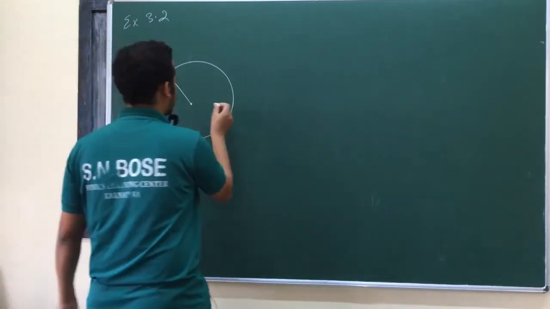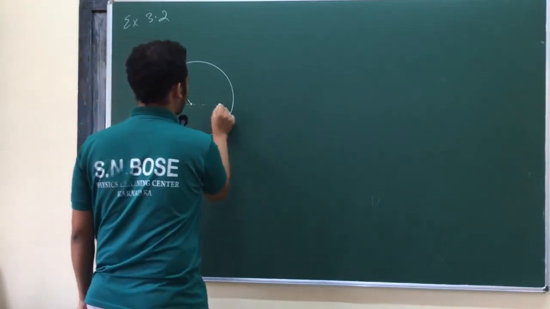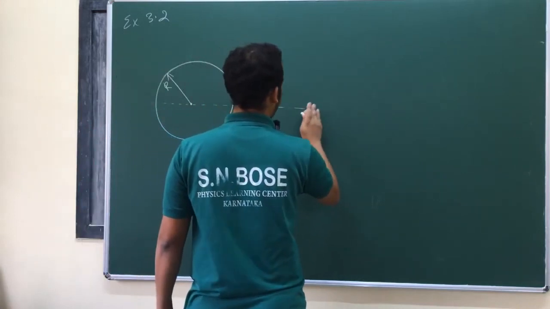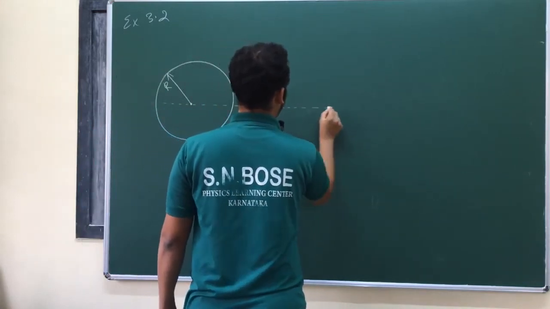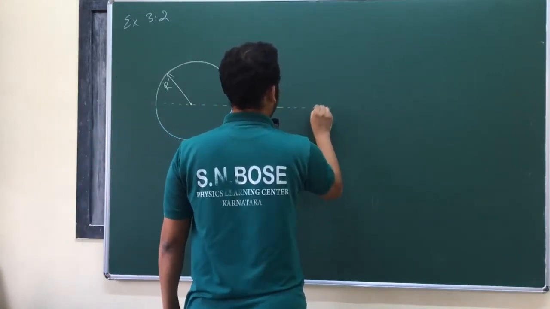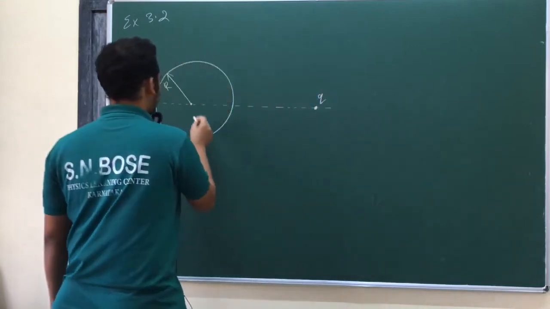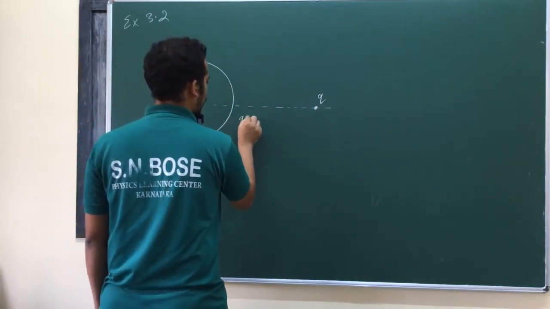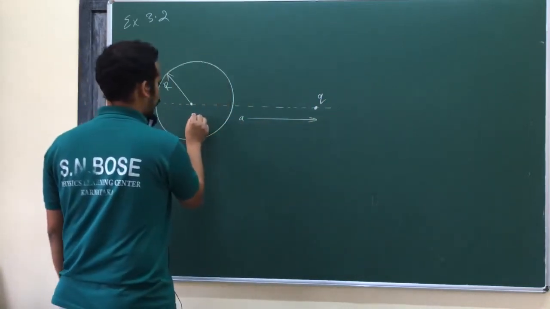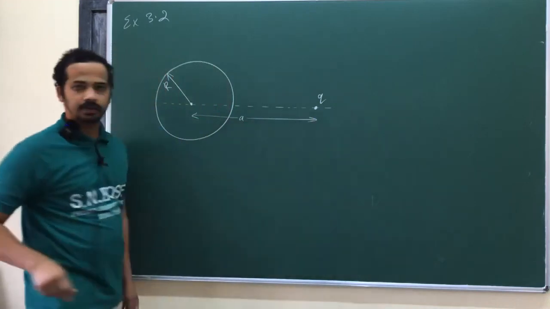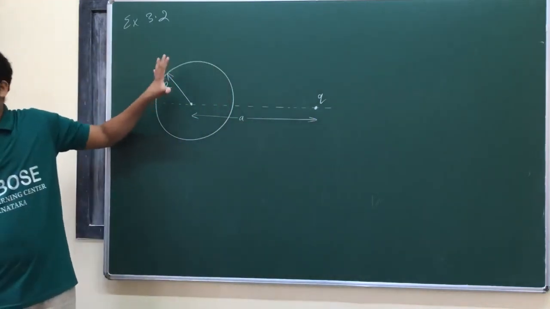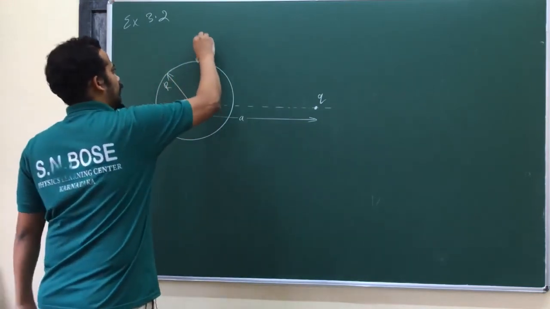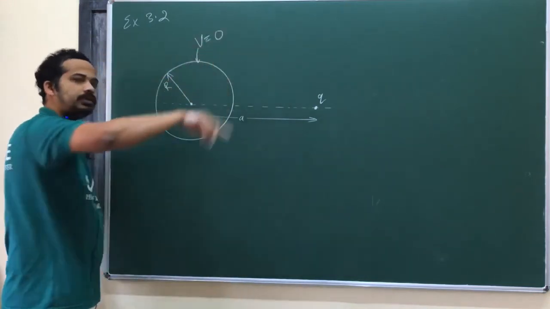I have placed the charge plus Q here at a distance A from the center of this spherical conductor. So it is a conducting sphere, and its potential is equal to 0. V equal to 0 means it is equipotential.